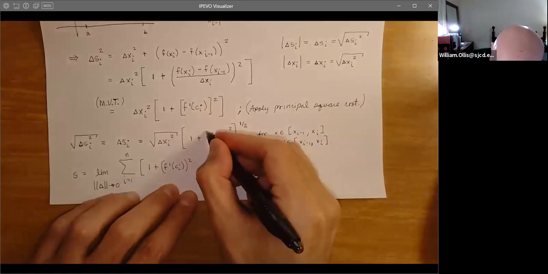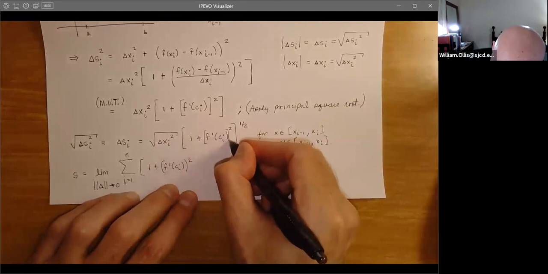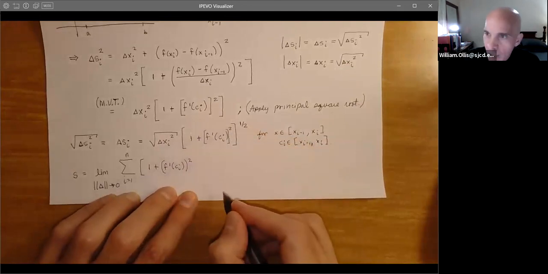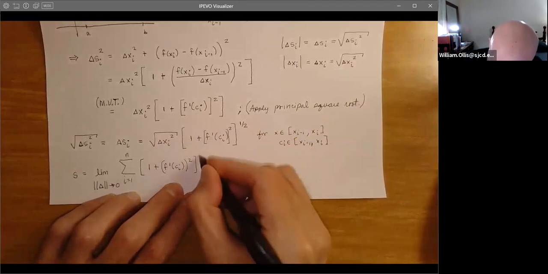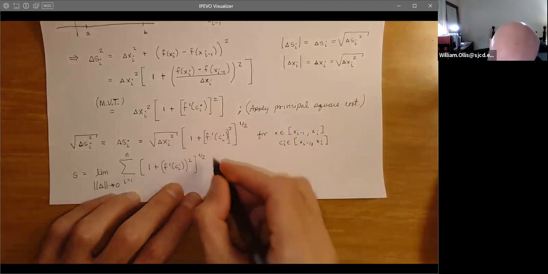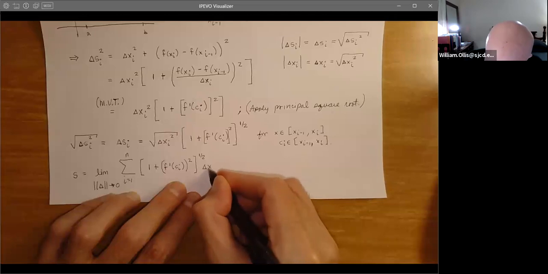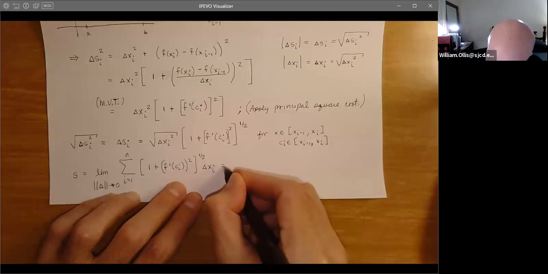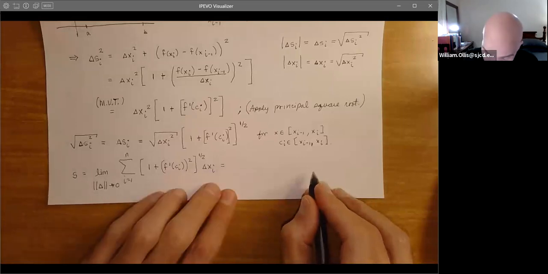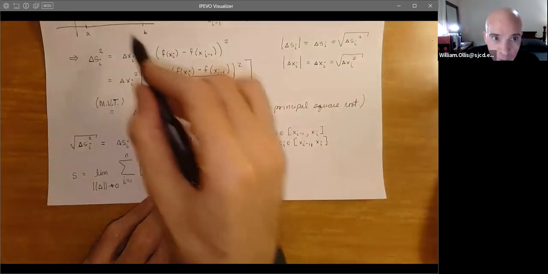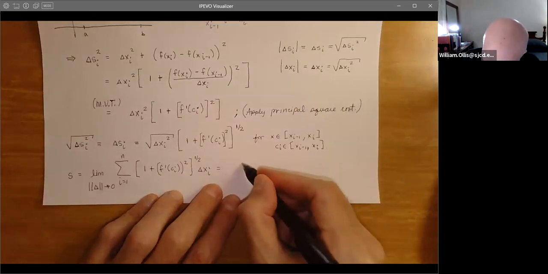Now, if you like, you can go ahead and put brackets here if that makes it a little easier. I was a little sloppy there just with the square, but go ahead and put in the brackets or the parentheses. And now in the limit, this becomes the dx, and this just becomes the x. And then, of course, we're integrating here from a to b.